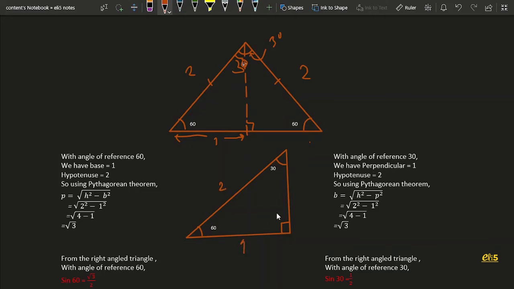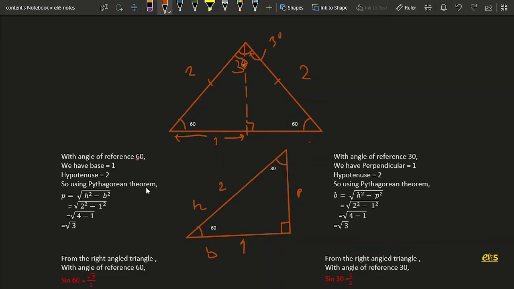Now let's take the angle of reference as 60 degree. With angle of reference 60 degree, this will be the perpendicular, this one will be the hypotenuse, and this one will be the base. So we have base equals 1 unit, which we have already got here, and hypotenuse is 2 units.